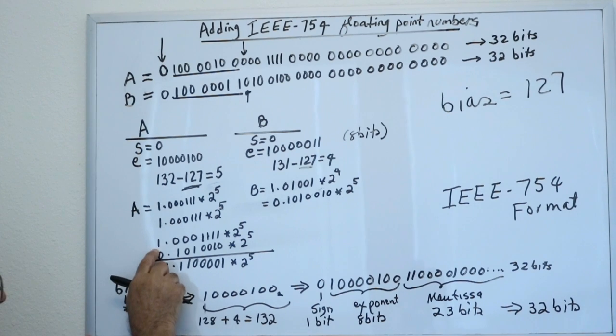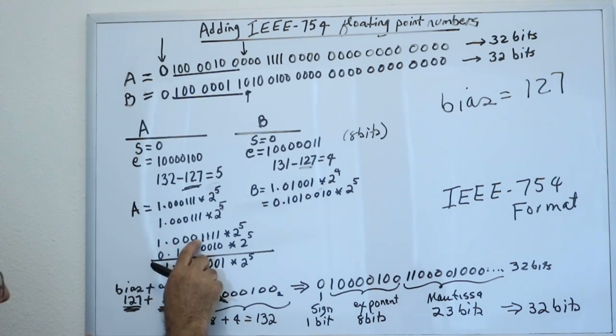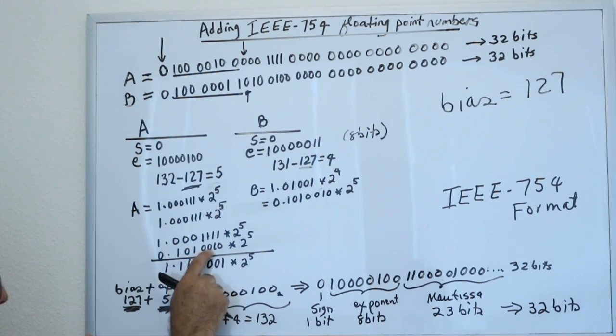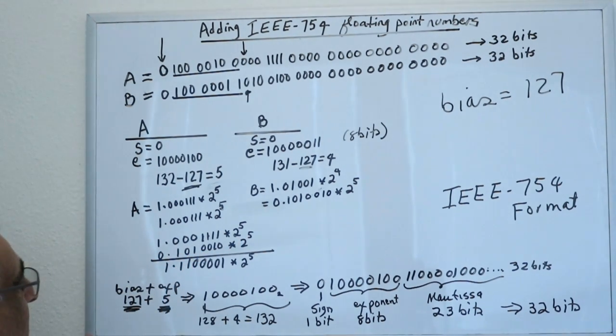So for A, 1.0001111 times 2 to the 5th. For B, 0.1010010 times 2 to the 5th.